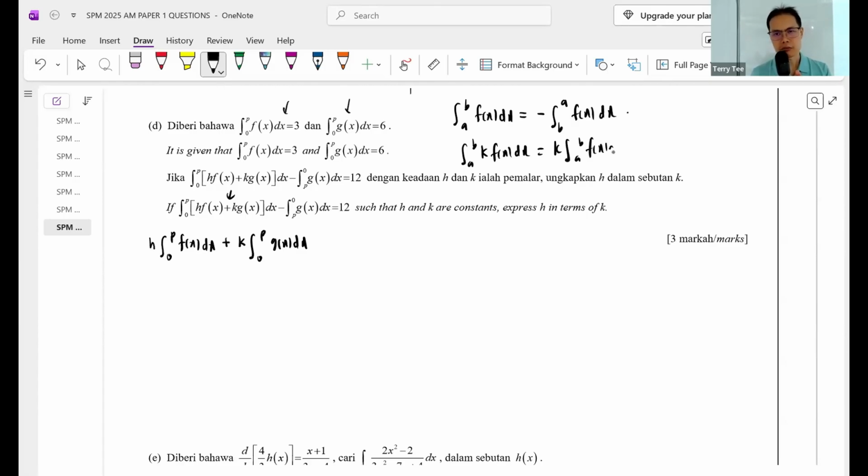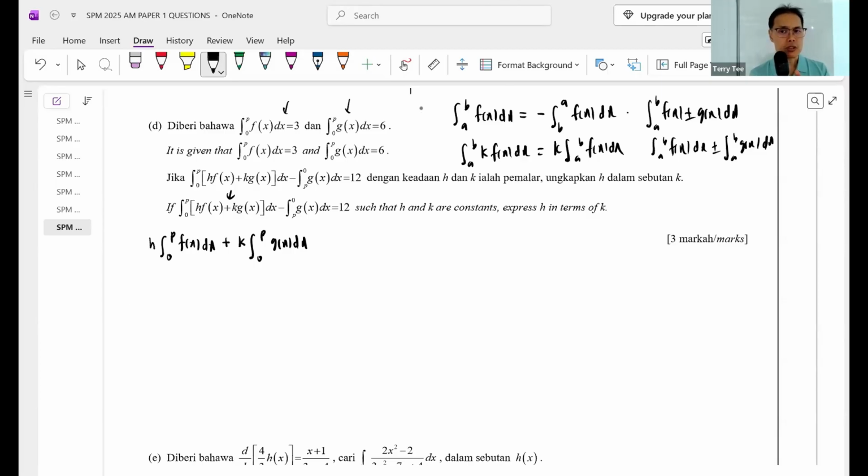A lot of people just do it directly, but never really memorize the formula. Okay, you take out the k. Another one is the integral from a to b of f(x) plus or minus g(x) dx, which is what I'm doing. What I did in the first step, I break it up: a to b f(x) dx plus or minus a to b g(x) dx. So these are the three formulas. There are more, actually two more. We call it the characteristics of definite integral.